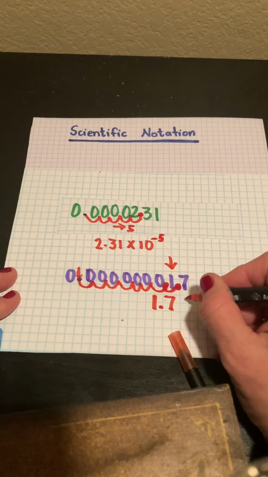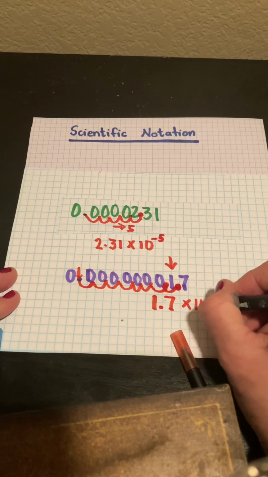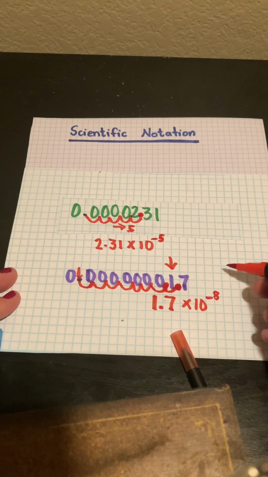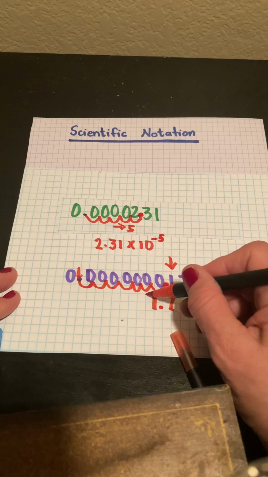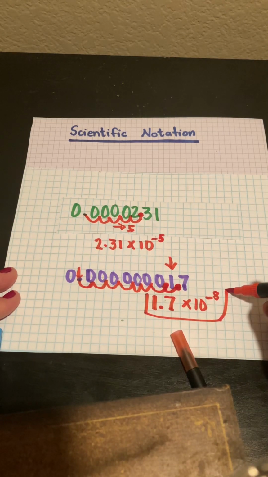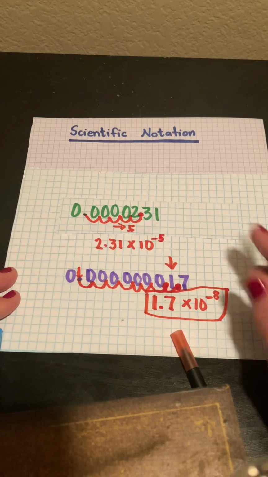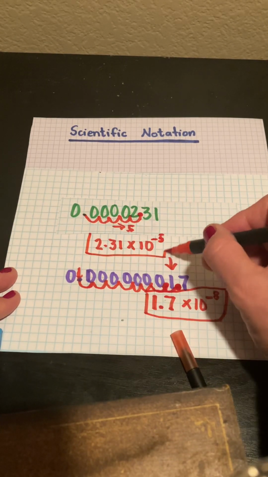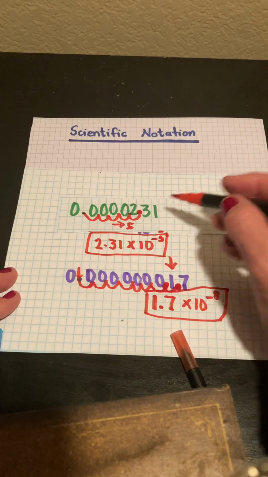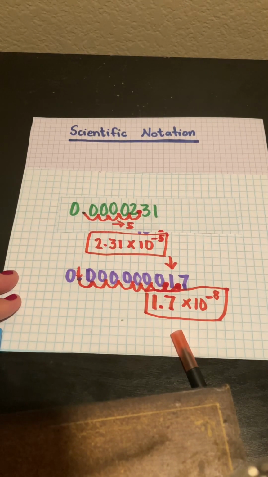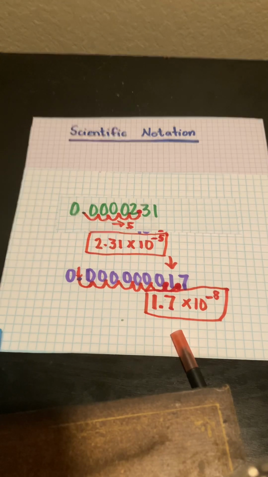So this is going to be times 10 to the minus 8. And this is our number in scientific notation. The difference is really easy to see with these numbers.